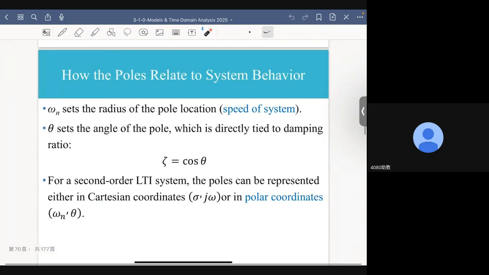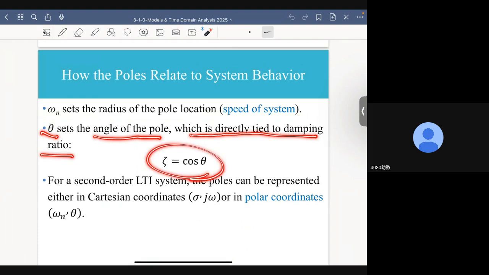All right. So omega n sets the radius of the pole location. And as I will tell you in the later part of this lecture, omega n pretty much determines the speed of response of the system. And theta sets the angle of the pole, which is directly tied to the damping ratio because eta is equal to cosine theta.